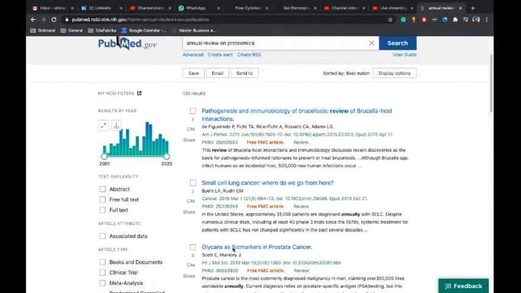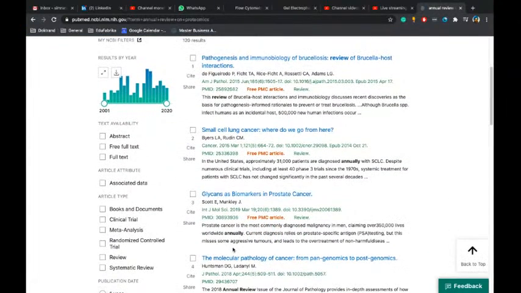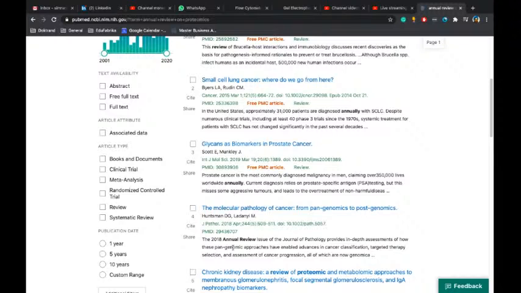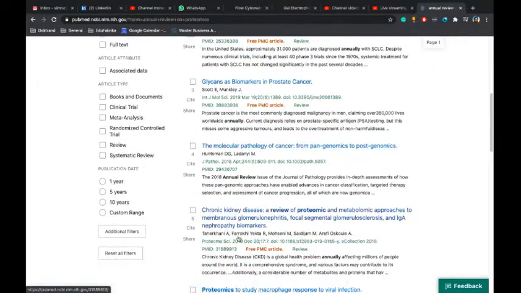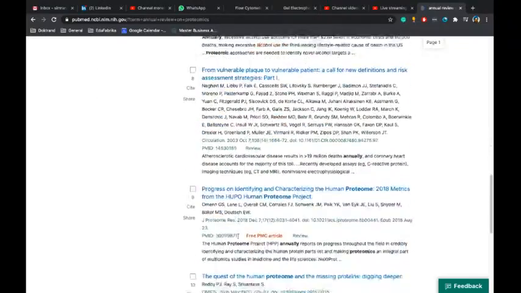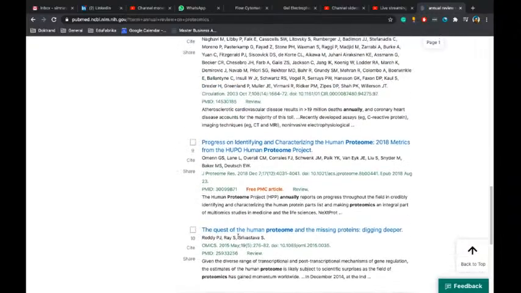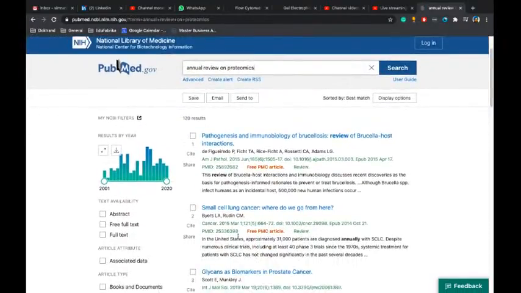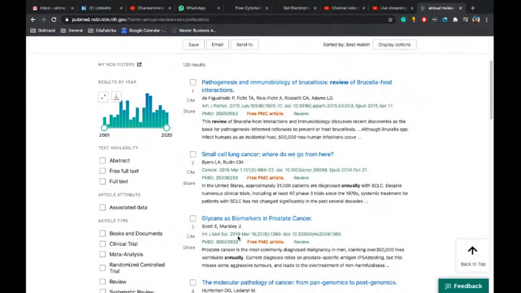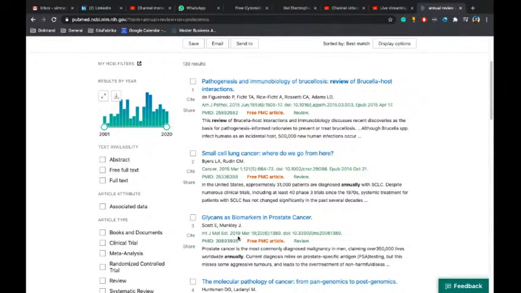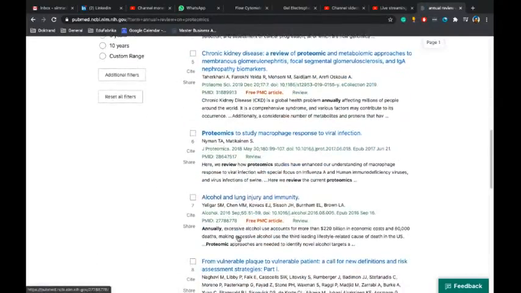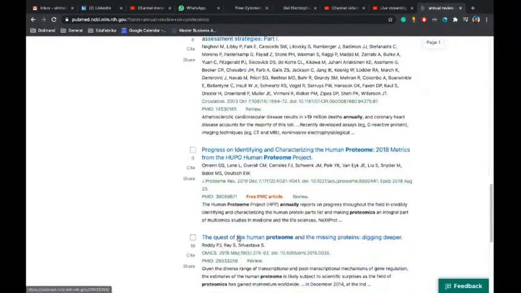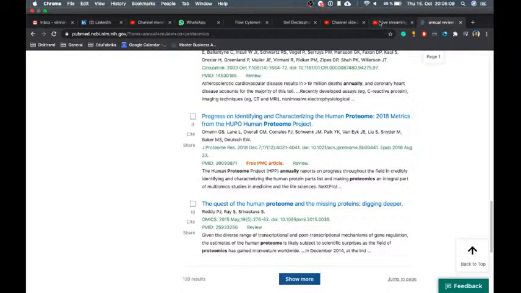Some reviews will come, like Molecular Pathology of Cancer, from Pan-genomics to Post-genomics. You will have a lot of journals on PubMed in huge amounts, around 120 so far. Just read these abstracts and then go for it. Then try to get your own story out of them.